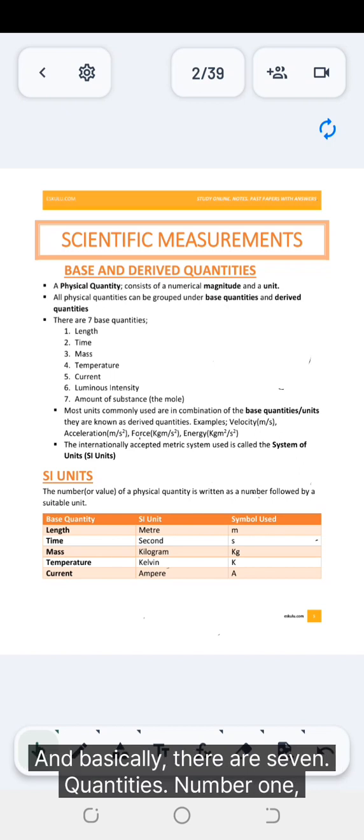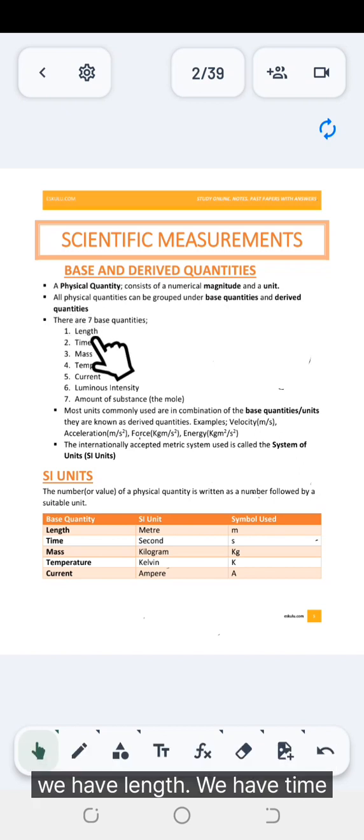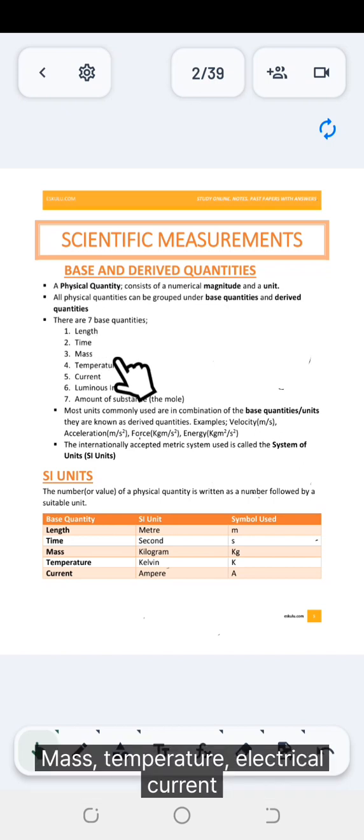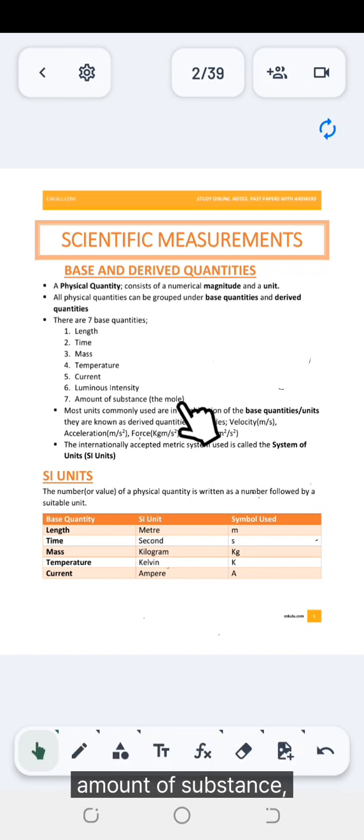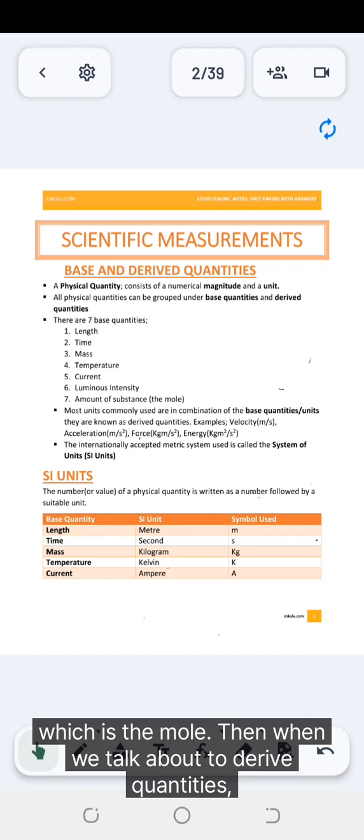Basically, there are 7 base quantities. Number 1, we have length, time, mass, temperature, electric current, luminous intensity, then we also have amount of substance, which is the mole.